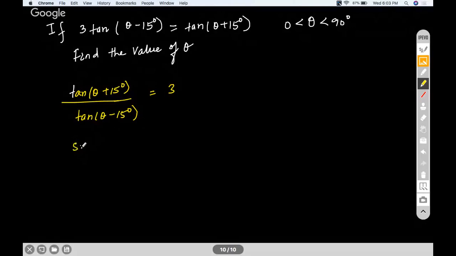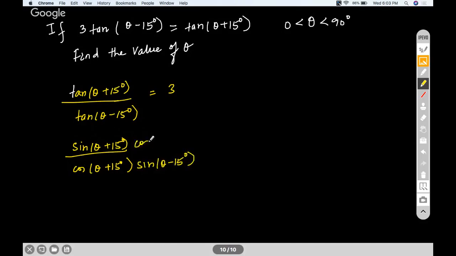So this is as good as saying sine theta plus 15 by cos theta plus 15 and sine theta minus 15 into cos theta minus 15 degree is 3 by 1. Okay.